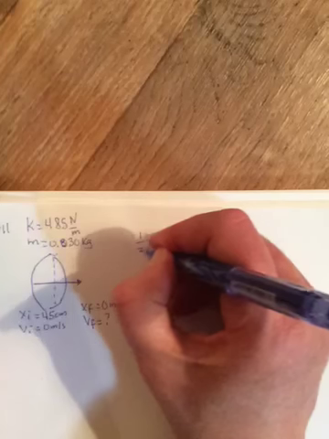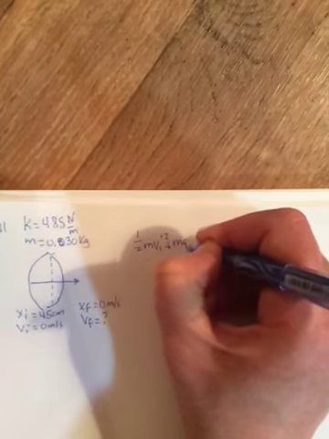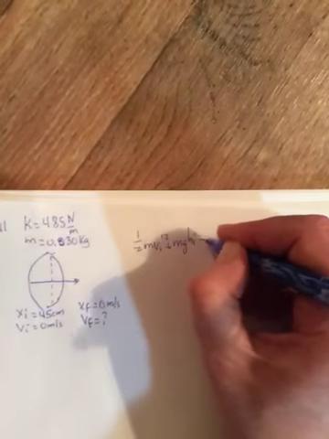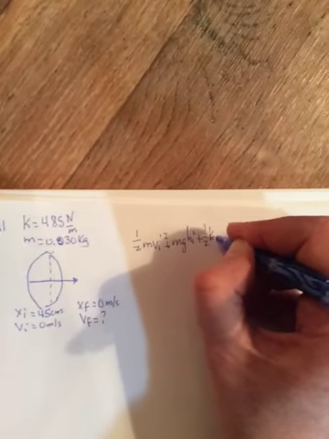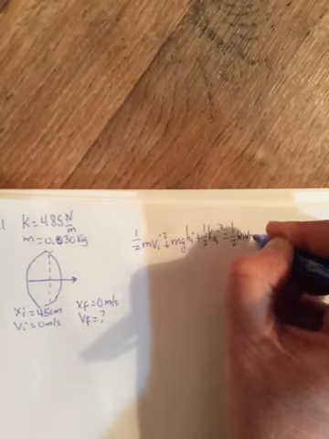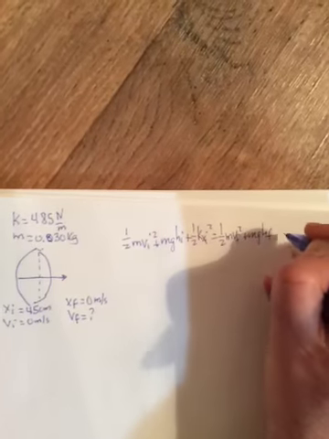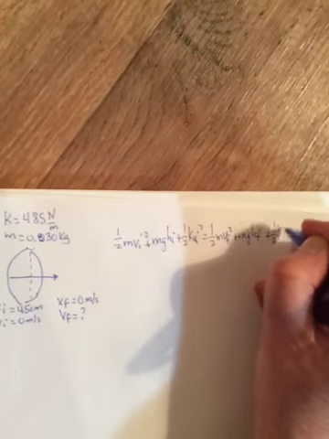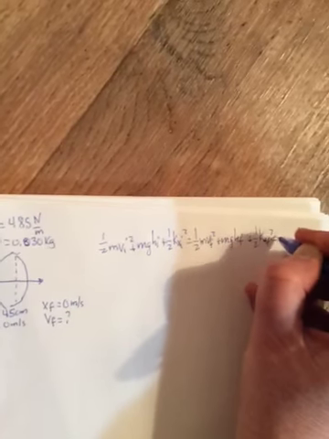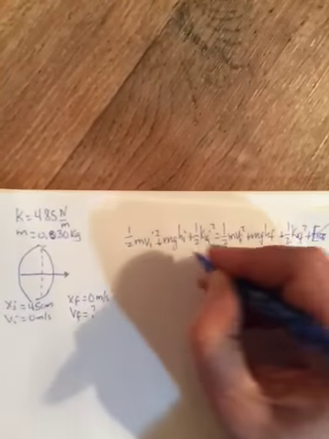So going to our energy equation, 1/2 mv initial squared plus mgh initial plus 1/2 kx initial squared is equal to 1/2 mv final squared plus mgh final plus 1/2 kx final squared plus E lost. Still no E lost.